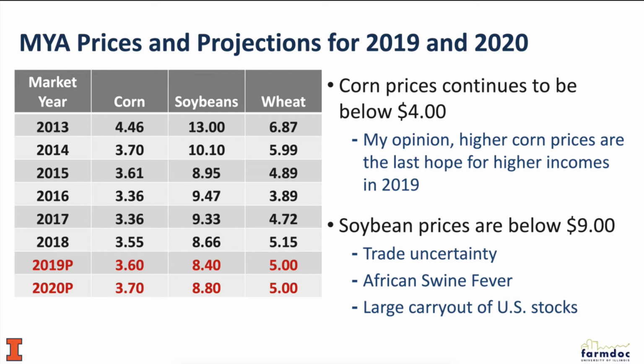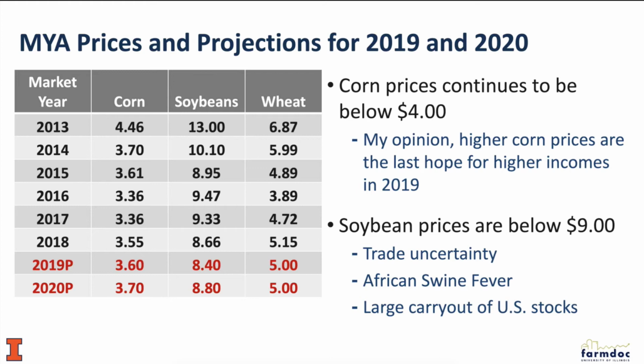Here are 2019 projections for corn, soybeans, and wheat. You can see that soybeans for 2019 are at 840. This is a projected price based on the WASDE August report, suggesting that the market year average price for 2019, which would also be pulled into our PLC decision, would be 840.